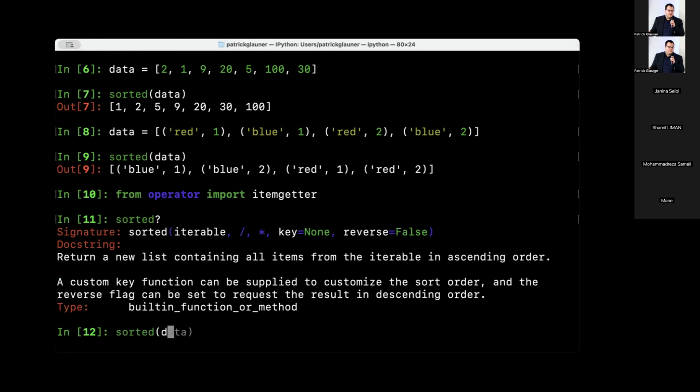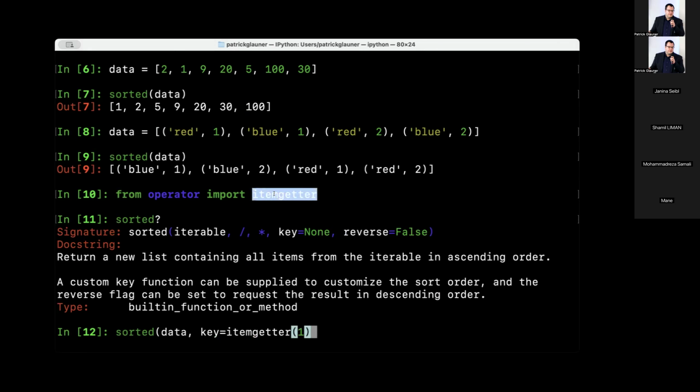So we get at least a little bit of documentation. And we can call sorted on data, and because I have two values per entry, I could specify whether I want to sort based on the string or based on the integer. And for this, I need the itemgetter.